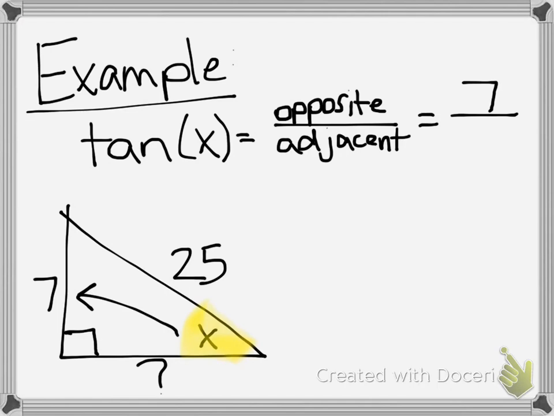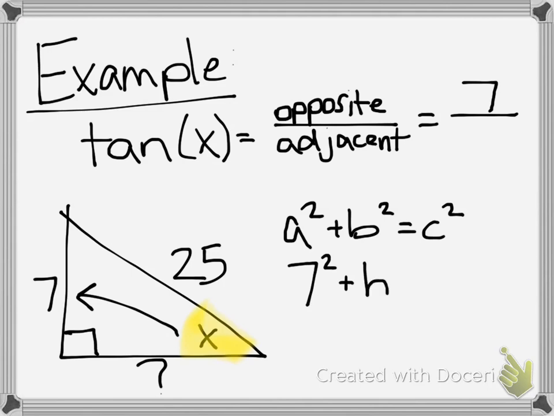So Pythagorean theorem again is a squared plus b squared equals c squared. And in this example, our a is 7. Our b, though, the other leg, is unknown, so we leave it as b squared.